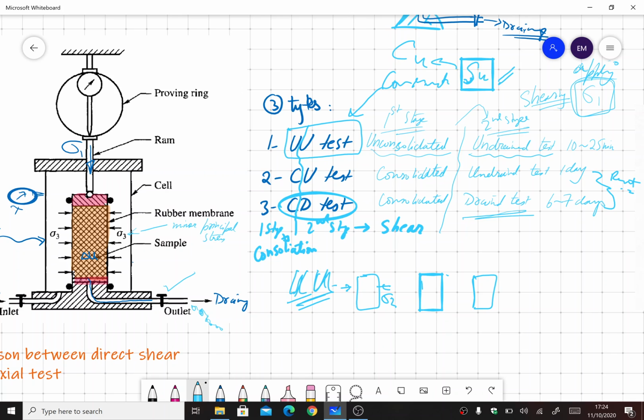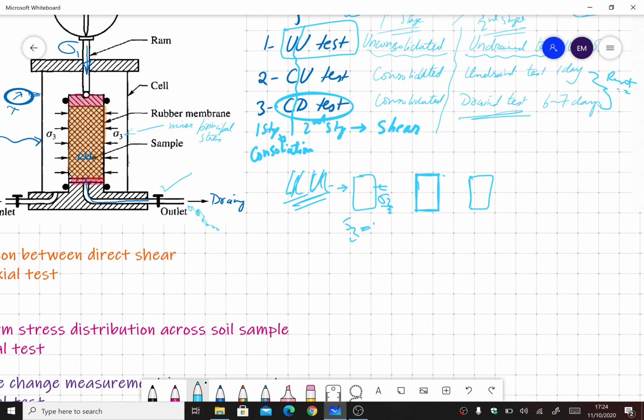So let's assume I'm applying sigma 3 of 10 psi here, in the second specimen I am applying sigma 3 of 20 psi, and in the last specimen sigma 3 of 30 psi. It's not necessary, but generally this is what we do in our lab.